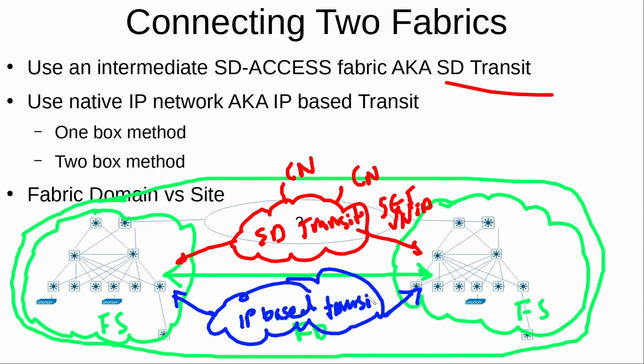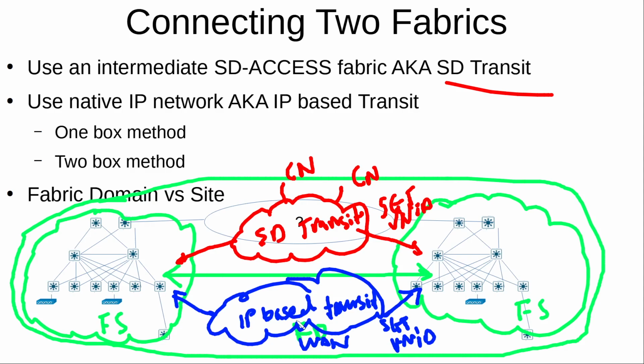This has the advantage that you can use any known wide area connection technology in order to achieve this. But the disadvantage is that it is harder to maintain scalable group tags and VNIDs, because natively the IP-based traditional solutions are unaware of the existence of scalable group tags and VNIDs.